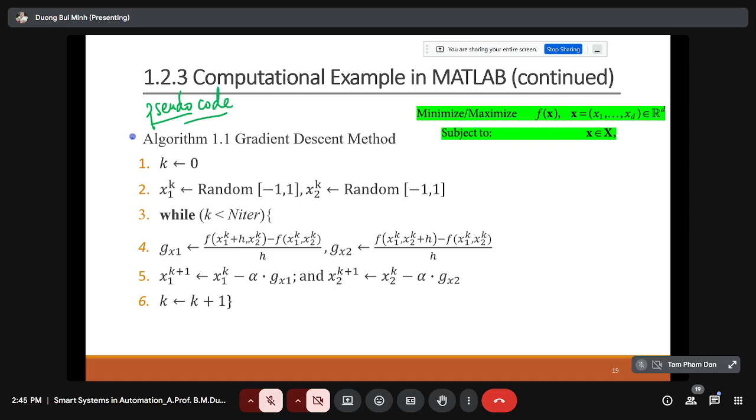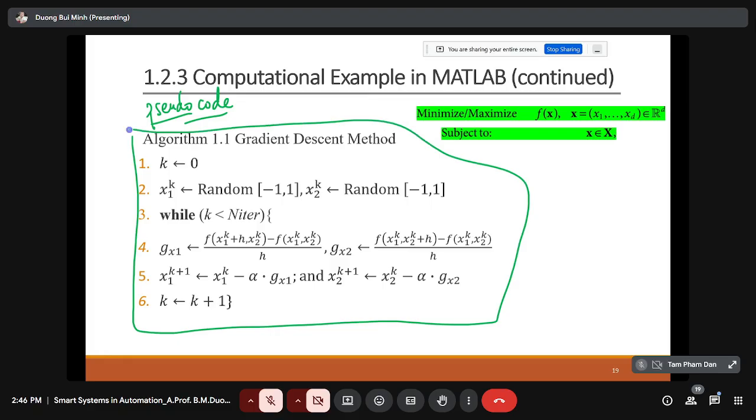Here you need to understand this one. At the beginning we set k to be 0. That means the first iteration. K is the number of the iteration.